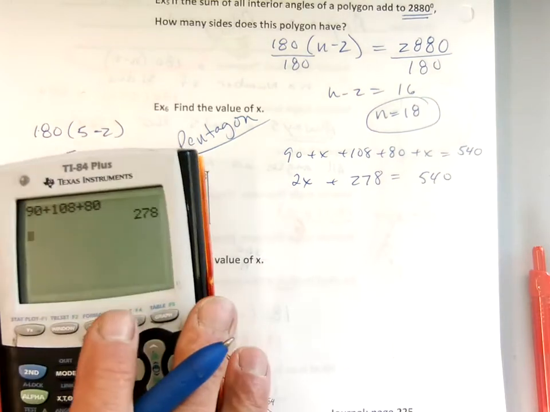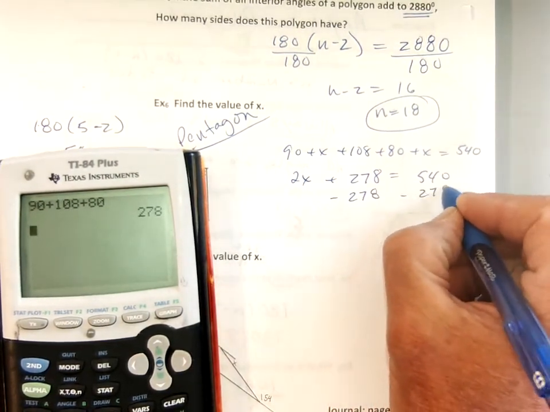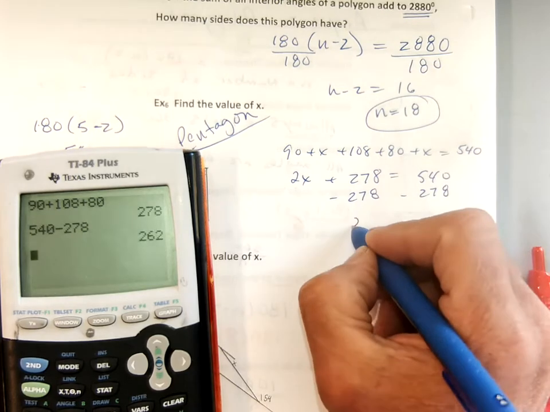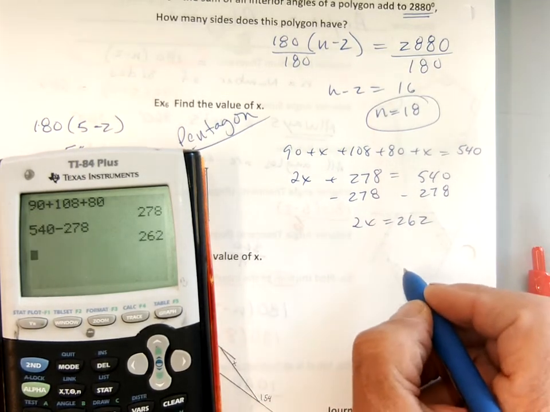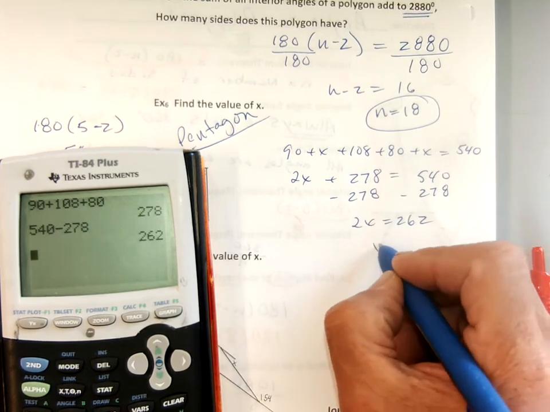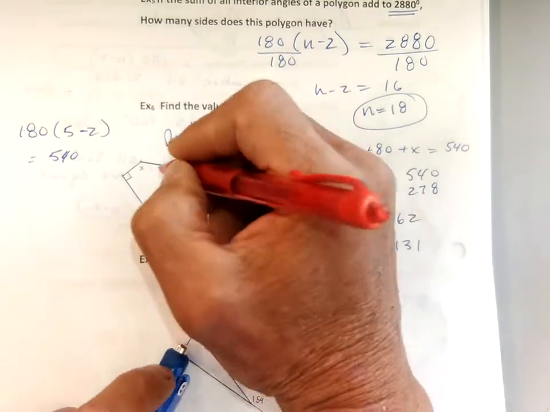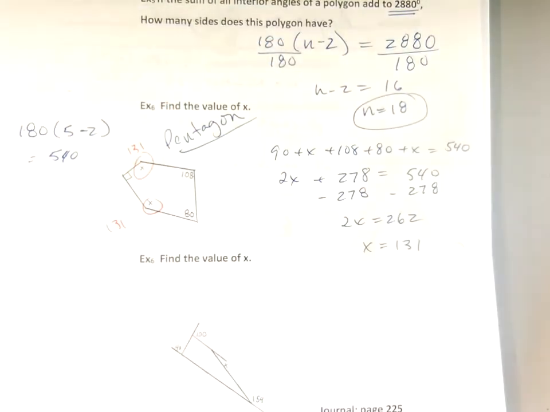Minus 278 on both sides, 540 minus 278, I've got 2x equals 262. Divide by 2, that's 131. So that means these 2 angles here are 131 and 131. How am I doing? Not too fast?